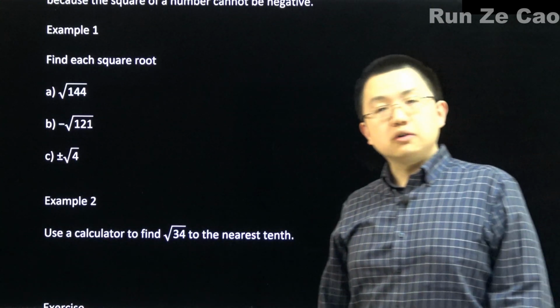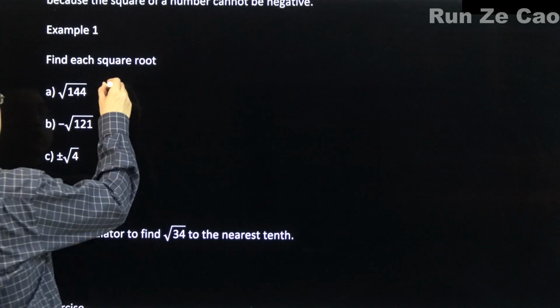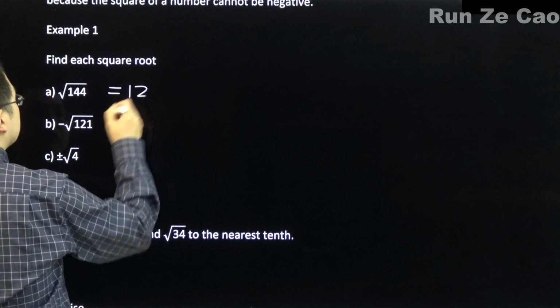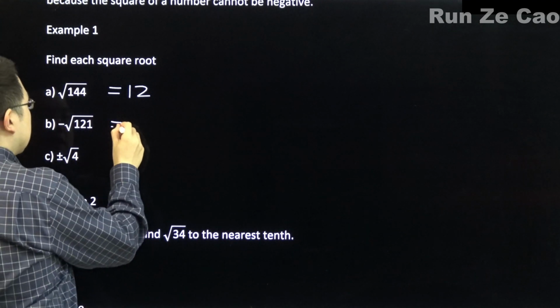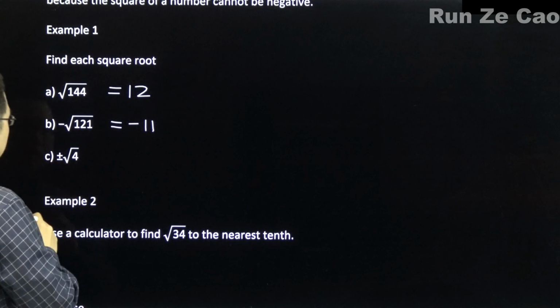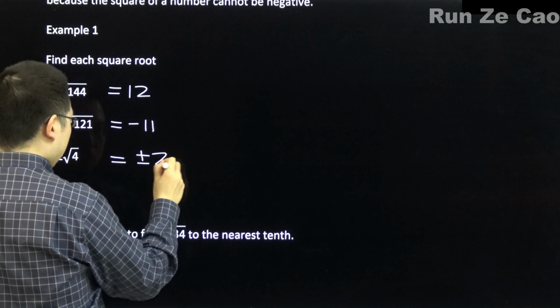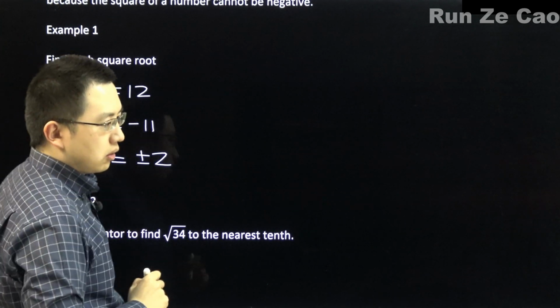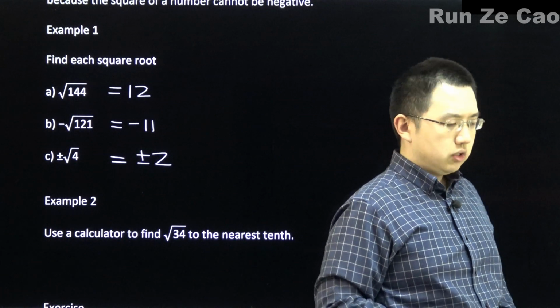Let's find some square roots. 144 is 12 times 12, so the square root of 144 is going to be 12. Negative square root of 121 is negative 11. And plus minus square root 4 is equal to plus minus 2. Or depending on where you are, it might be 2 or negative 2.